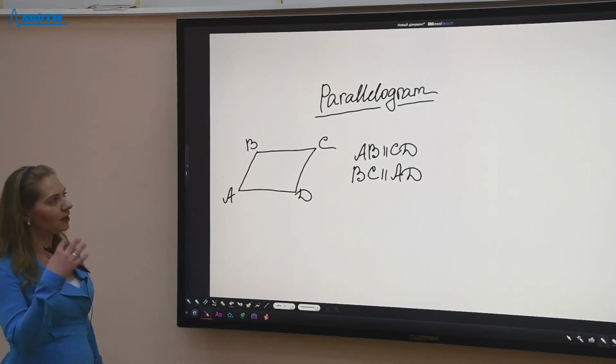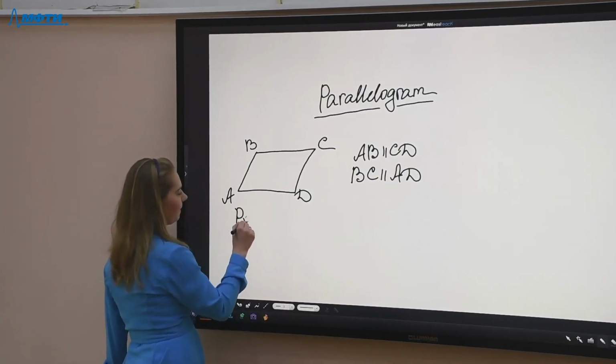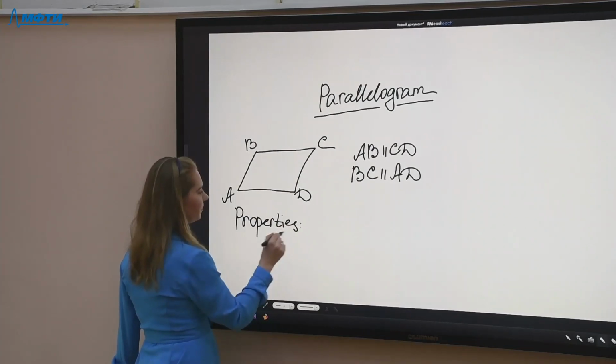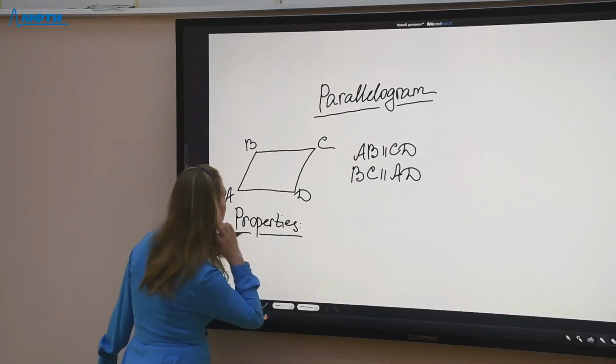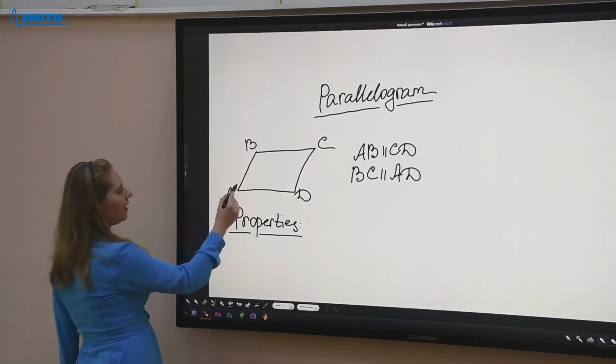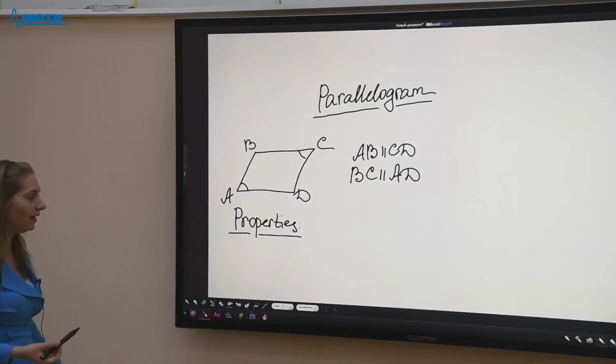And what are the properties of a parallelogram? Well, the first property is that if we take opposite angles, they will be equal.